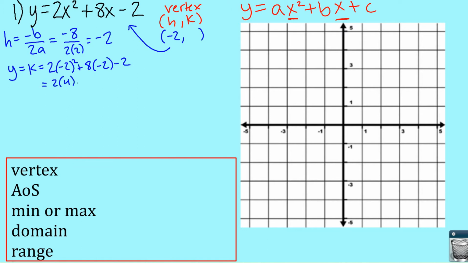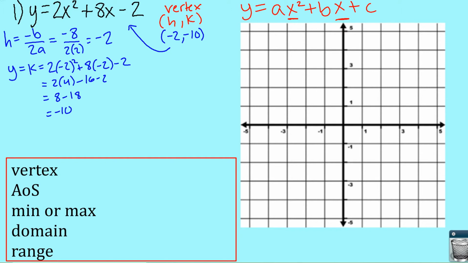So 2 times 4. Well, I could just go ahead and multiply that out. Now we get 8 minus 18, so we get negative 10. So our vertex is at negative 2, negative 10.